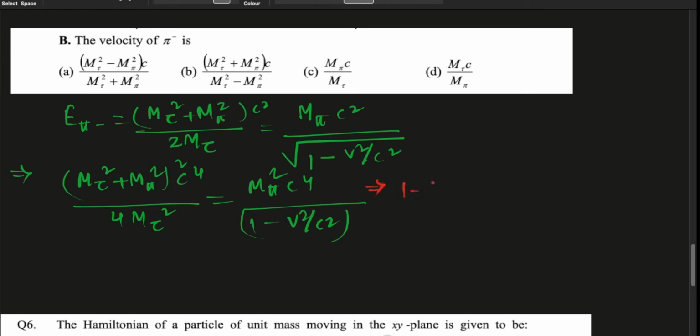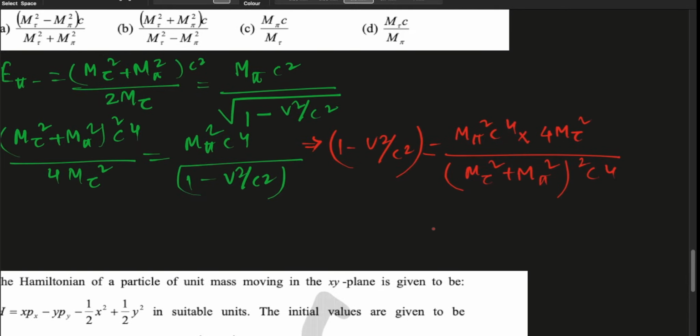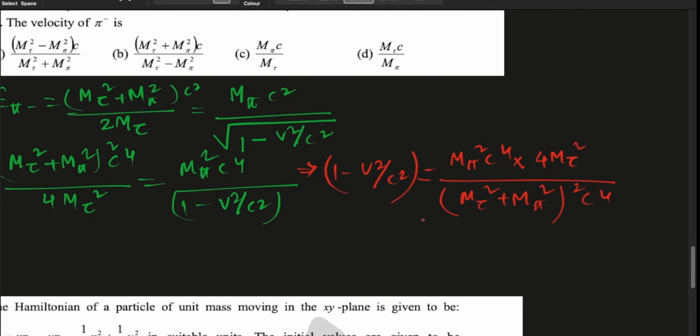So 1 minus v square by c square, take it out, and the rest of the equation is m pi square c to the power 4 into 4 m tau square by m tau square plus m pi square whole square c to the power 4. All right, so from this equation also you can find the value. What I'm doing, basically, is taking this one out.